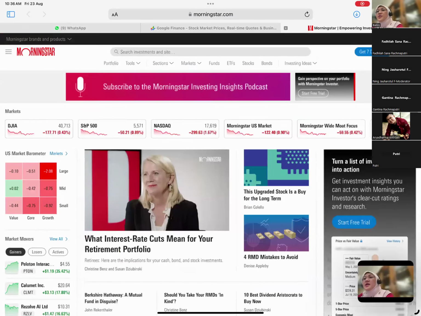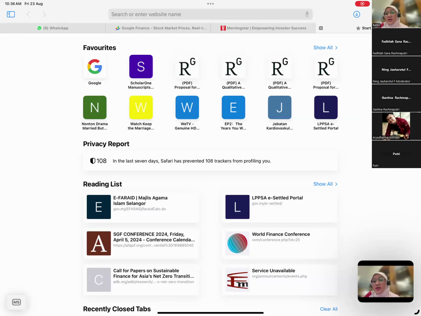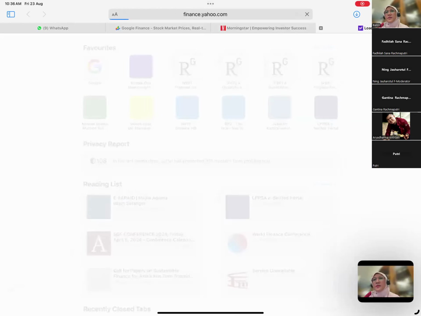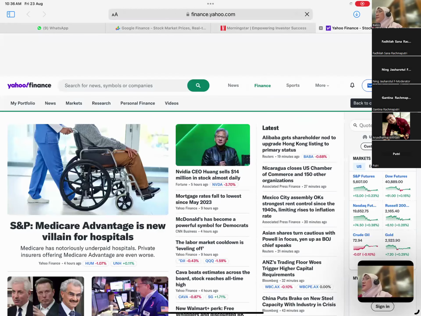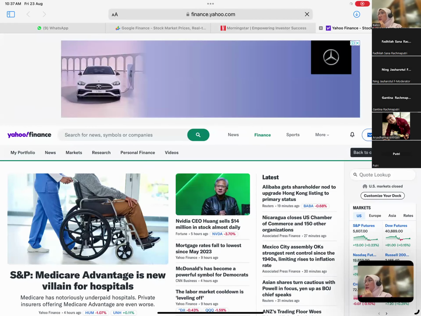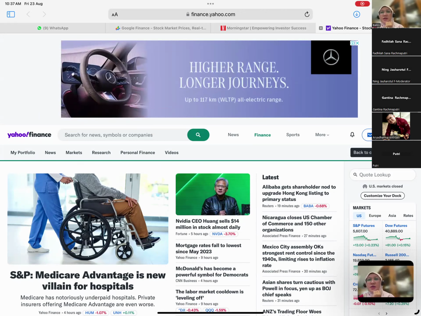Google Finance, Yahoo Finance, Morningstar are the free available sources to get all the information on the finance and also on the economic data.